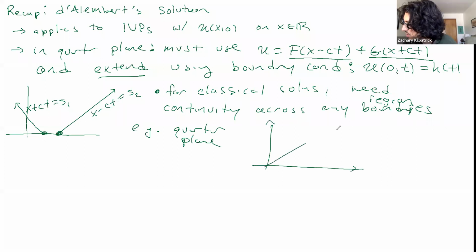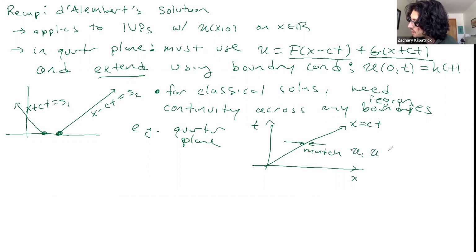and I know, as I've discussed before, that I have a certain solution in this region above the line x equals ct, and I have another solution down here below the line x equals ct, then these limits essentially have to match. So I have to match u, ux, ut, uxx, and utt at this boundary.